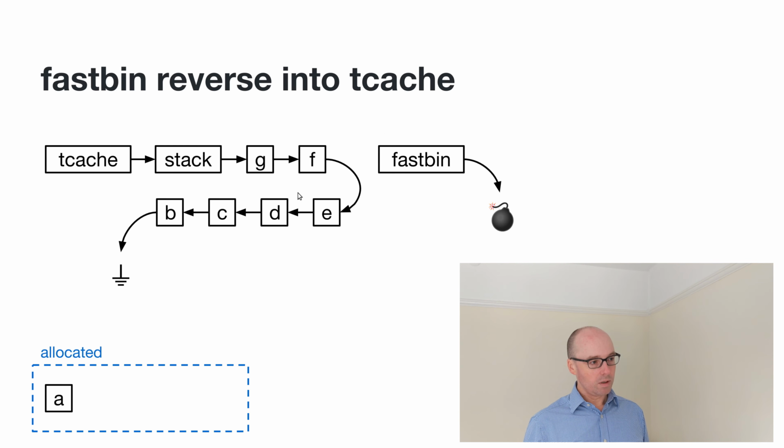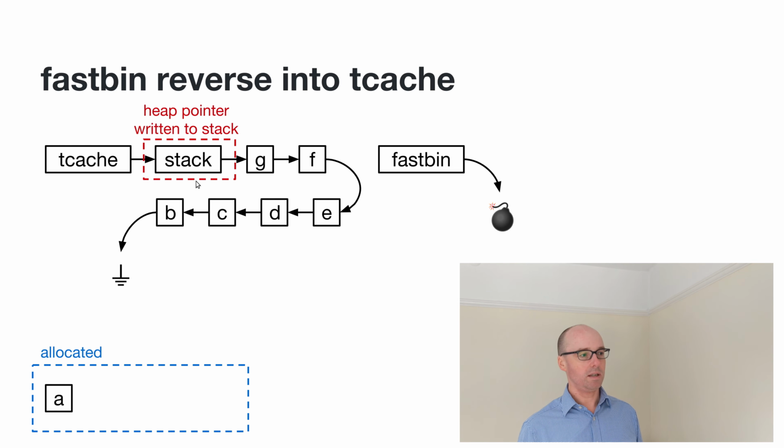Now, what's happened here is that it's written a pointer to G into that stack address. So this has now achieved the effect that we want, which is to write a garbage value onto the stack, or a very big number has been written onto the stack.